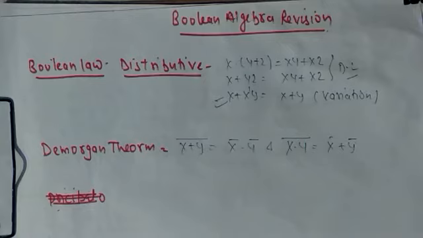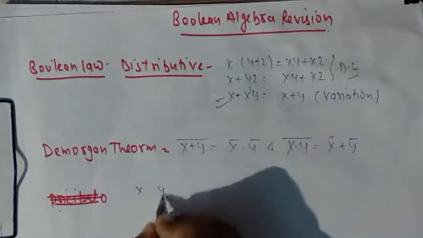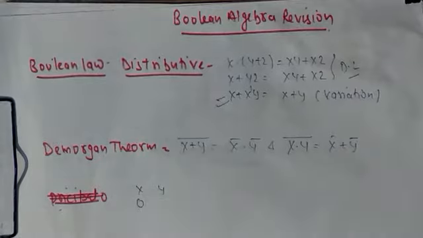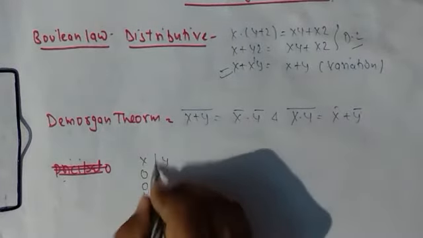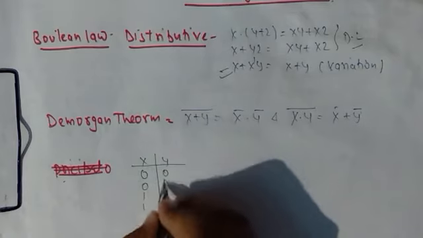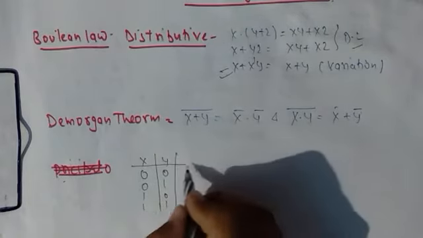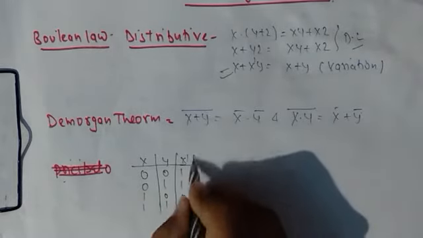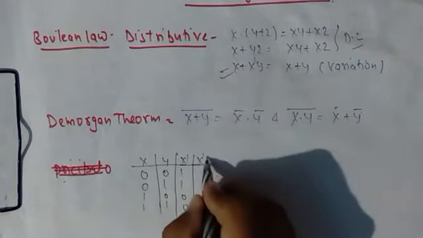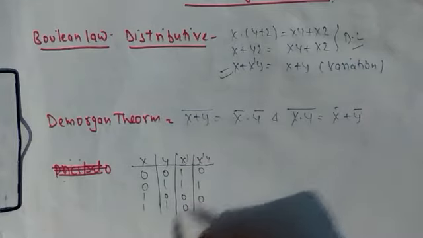Now, there are two inputs, x and y: 0 0 1 1 and 0 1 0 1. Now x bar will be 1 1 0 0. Then x bar y will be 0 1 0 0.